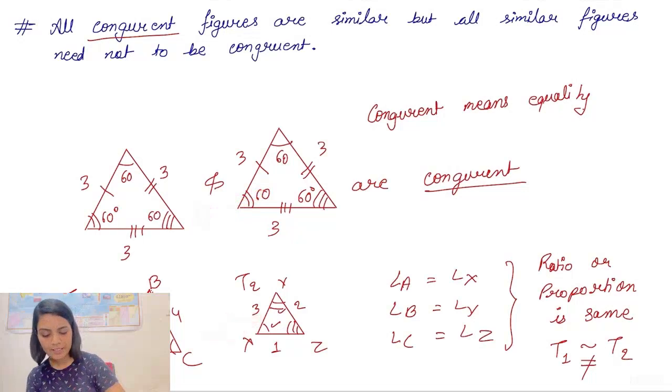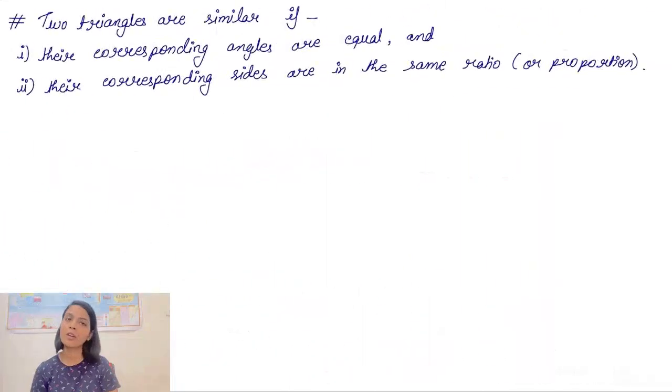So we have understood the statement's meaning: all congruent figures are similar, but all similar figures need not be congruent. Two triangles are similar if their corresponding angles are equal and their corresponding sides are in the same ratio or proportion. They need not be equal, but their sides should be in the same proportion.